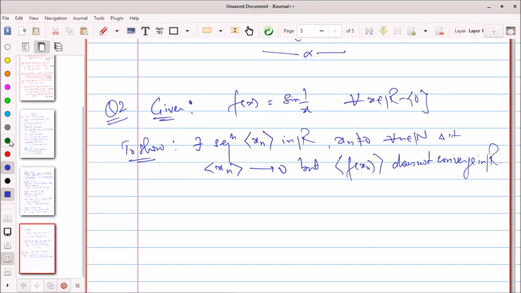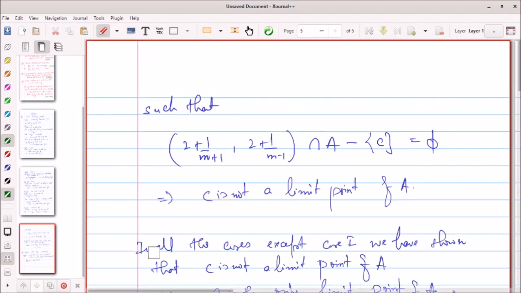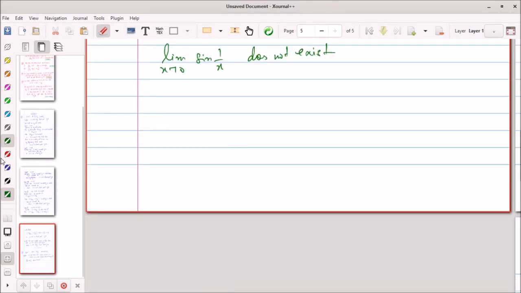For this, if you remember, we did a question to show that limit x tends to 0 of sin(1/x) does not exist. For this we took two sequences: x_n equal to 1/(n pi), and y_n equal to 1/(2n pi plus pi/2).